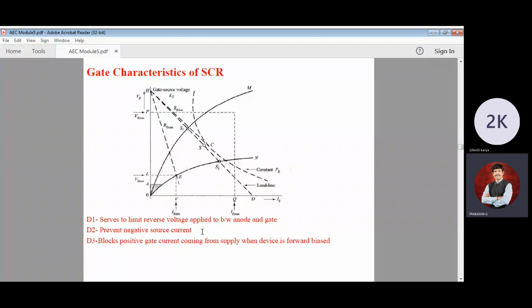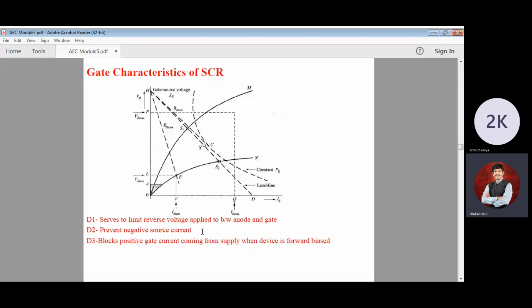And D3, D3 is coming from here, blocks the positive gate current coming from the supply. Whatever current comes here, the same current comes here also, so that's going to get blocked over there. So D3 blocks the positive source current, D2 blocks the negative source current, and D1 prevents the reverse voltage between the anode and the gate.